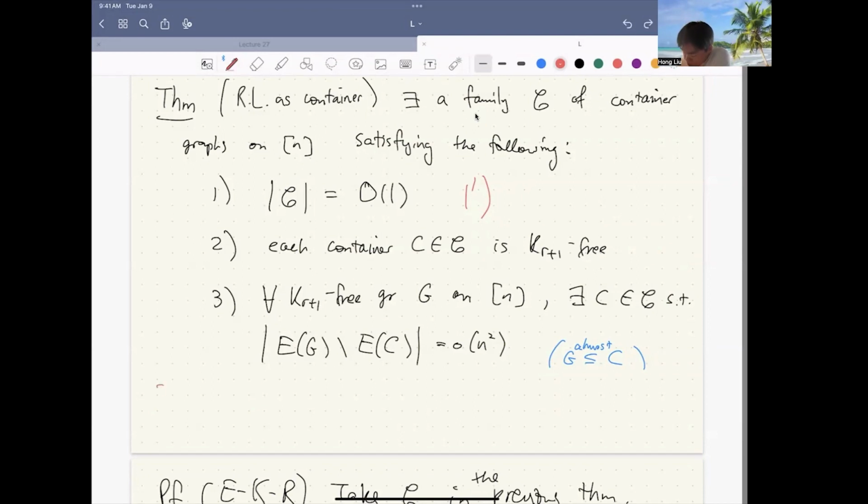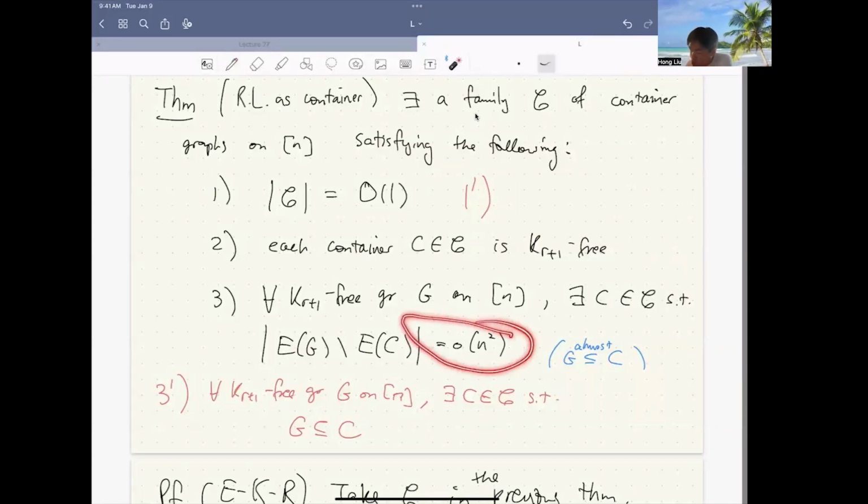What I want to say is in 3 prime, what we're going to do is we'll require for every K_{r+1}-free graph G on n, we require there exists a container, you have a complete containment such that G is a subgraph of C. If you require this, you need to sprinkle this many edges on each container in C.